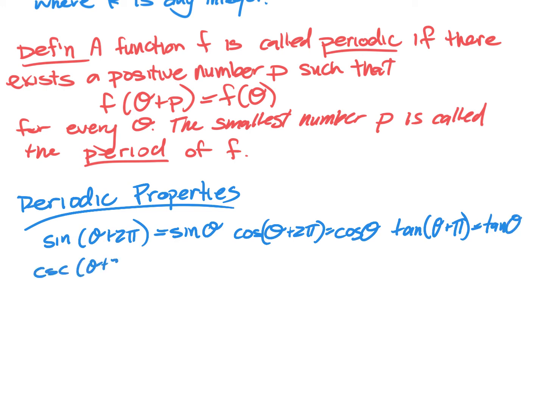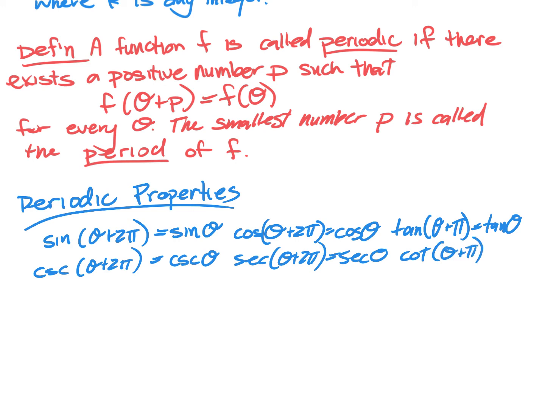Cosecant of theta plus 2 pi is cosecant of theta. Secant of theta plus 2 pi is secant of theta. And then cotangent of theta plus pi is cotangent of theta.